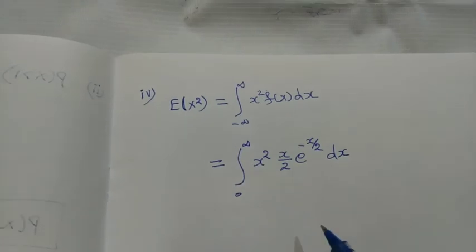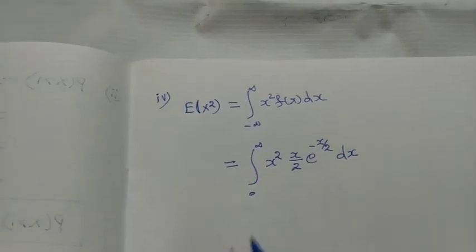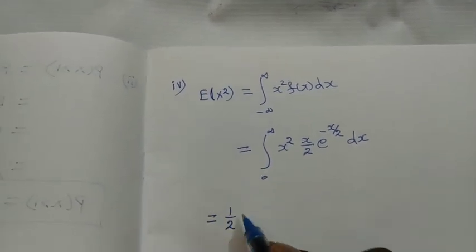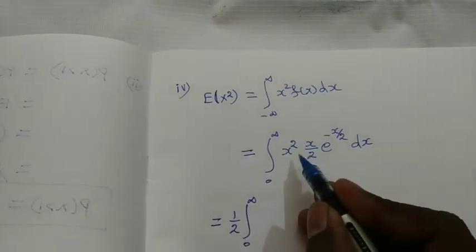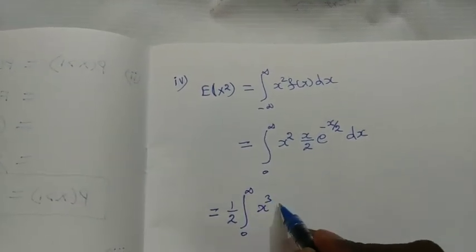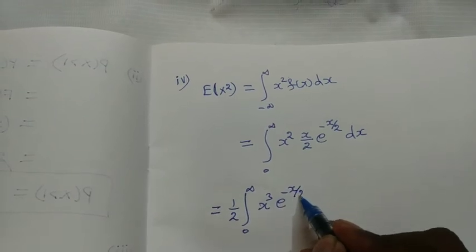Now I want to integrate this. So take 1 by 2 outside. Integral 0 to infinity x square into x, that is x cube, into e power minus x by 2.